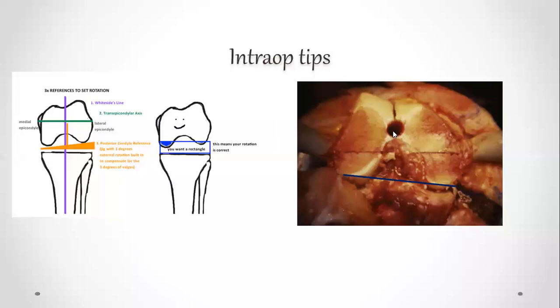So that's why when you put the cutting box of the external rotation, you have to ask the instrument guy to put the pins into an external rotation in order to make the cut parallel with that of the proximal tibia.